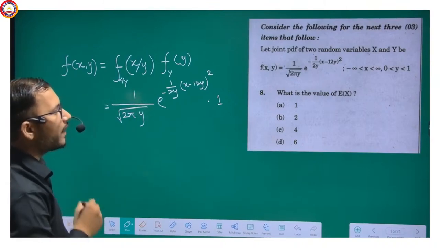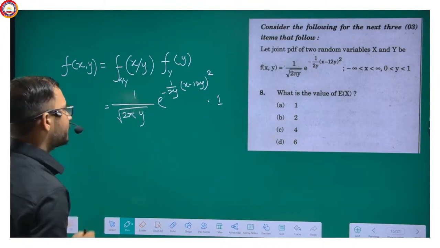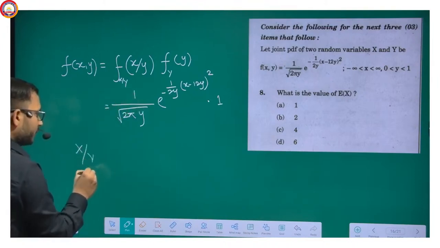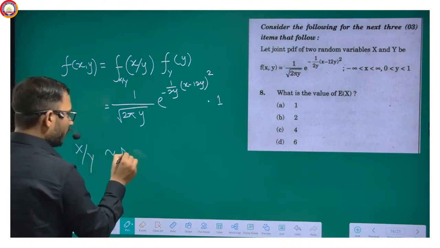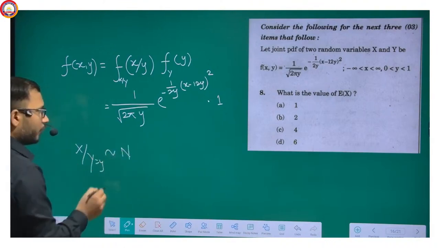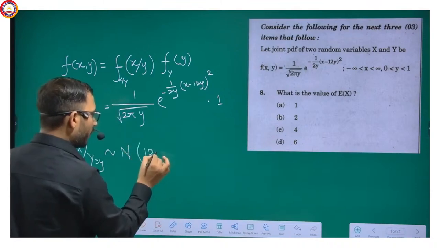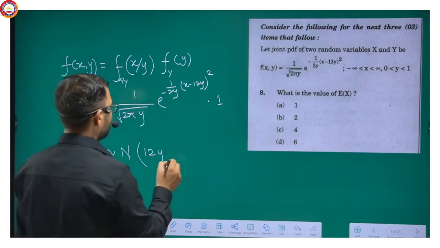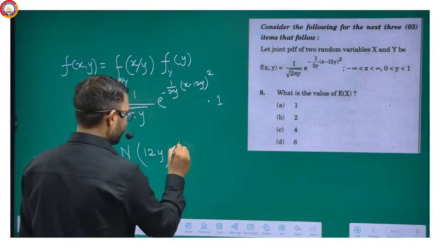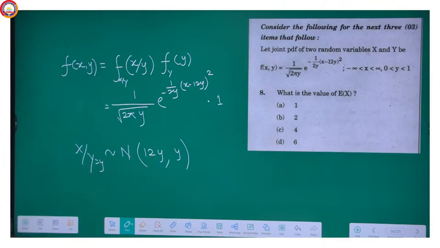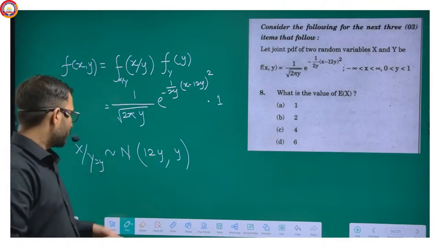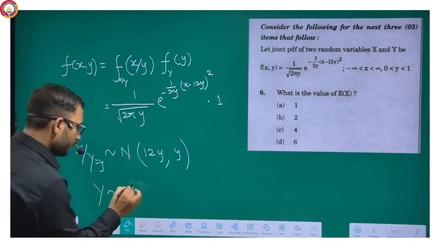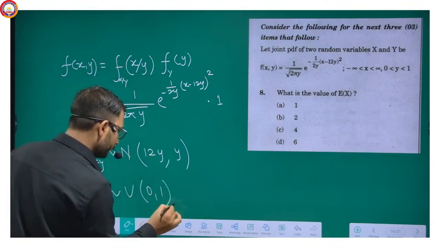And we have to find the expectation of x. Here x given y, y equal to y, follows normal with mean 12y and variance equal to y. Getting my point? So the mean is 12y and obviously y follows uniform 0 comma 1.